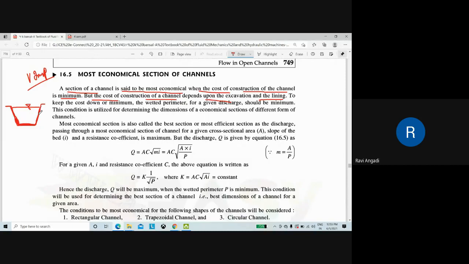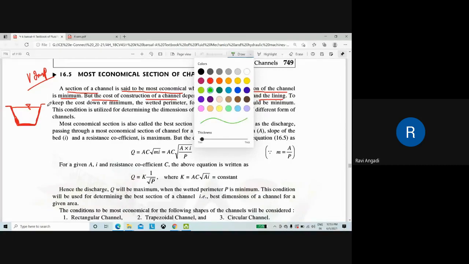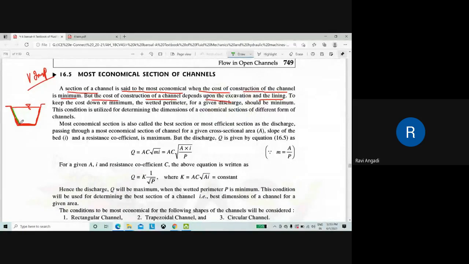That is called lining, lined canal. So the cost of construction includes the excavation as well as the lining of the channel.